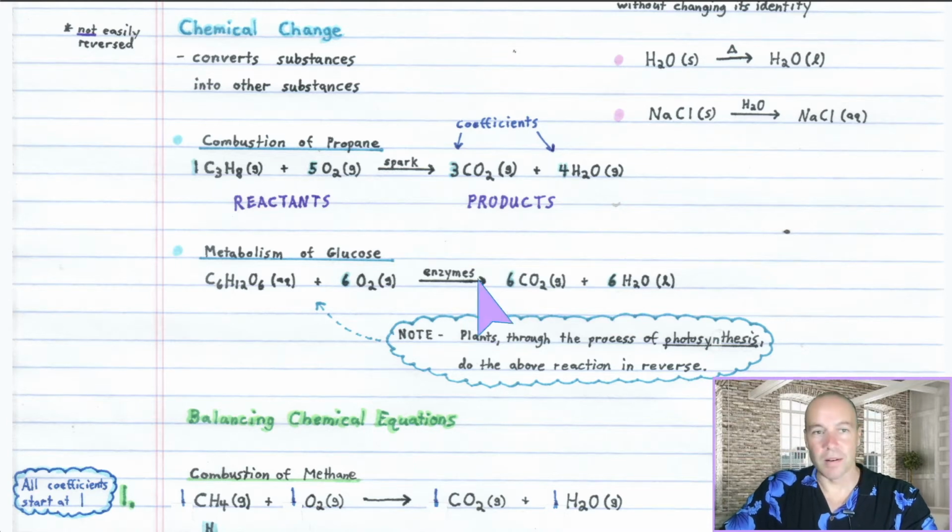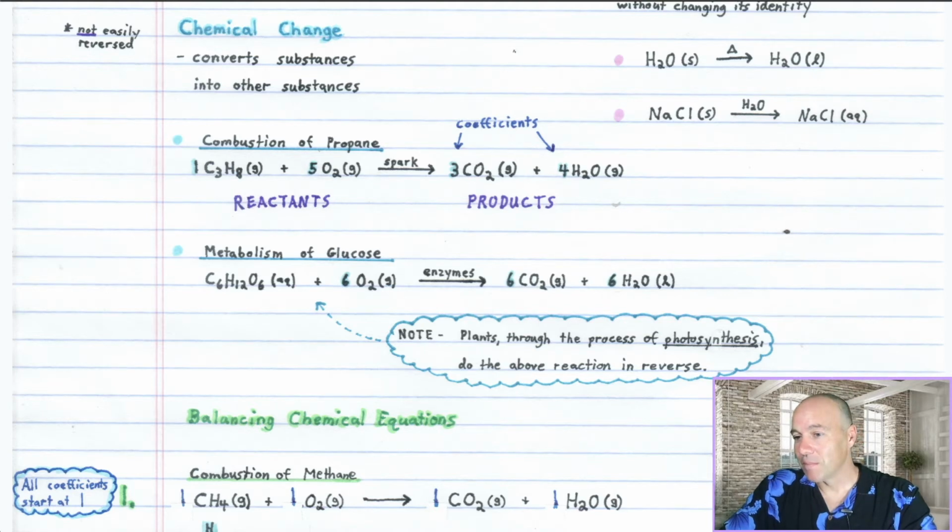So here, the way you should read this is 1 molecule of propane gas reacts with 5 molecules of oxygen to produce 3 molecules of carbon dioxide and 4 molecules of water. That's how many molecules are involved in the chemical reaction. You see, 1 propane molecule needs 5 oxygen molecules in order to fully burn.